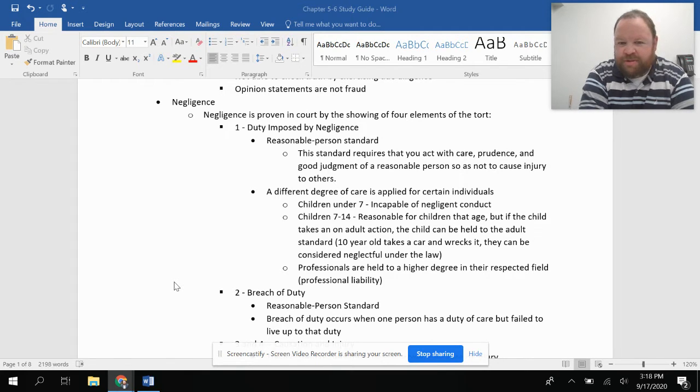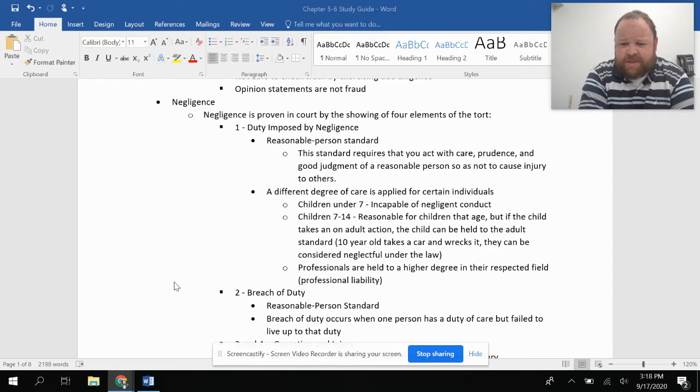For example, children under 7 are incapable of negligent conduct. Children 7 to 14 are held to what is reasonable for children that age. But say a child does something extremely reckless, like steals a car and drives it into a building, that child can actually be held liable of that tort and get charged with negligence.